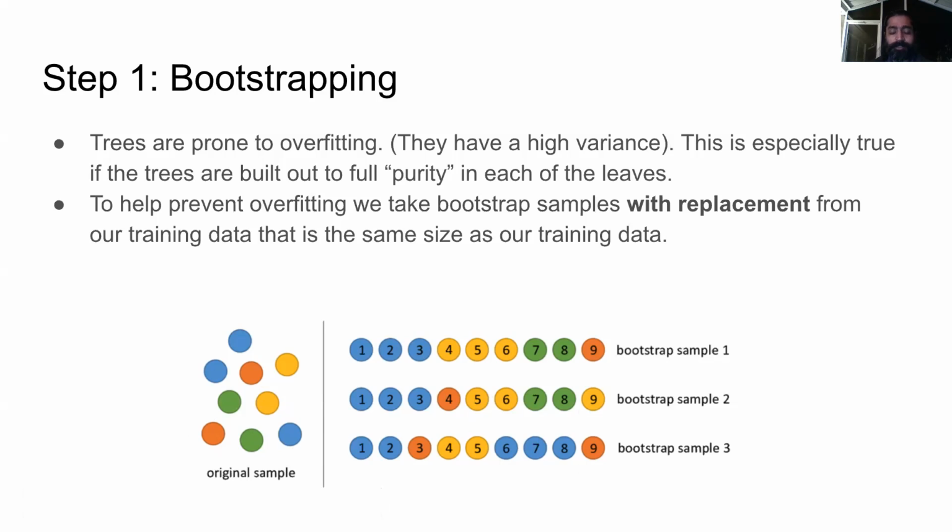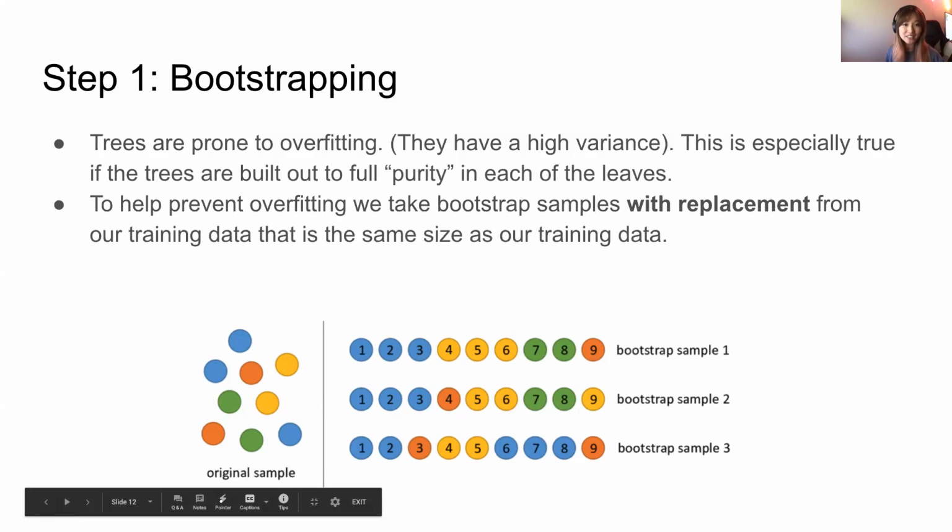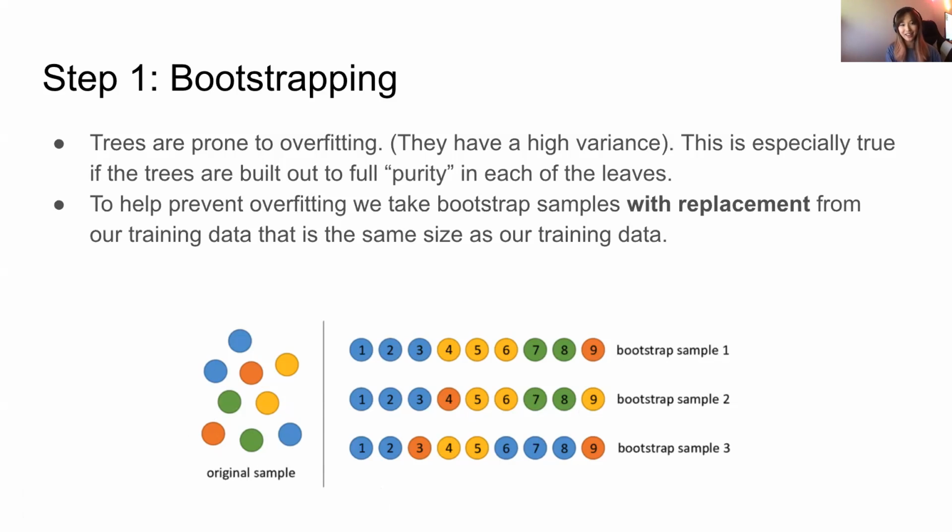What are the chances that a data point is repeated? It depends on the size of your data set, but it doesn't matter if a data point is repeated. We don't want data points to be repeated per se, but you just want to get a different mix of data.